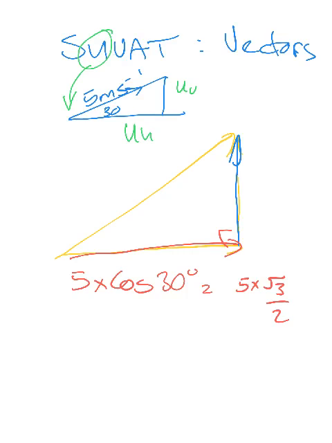So the other one, the vertical one, is going to be the sine of 30 degrees times 5. Let's write that in. 5, which equals 0.5 times 5, which is 2.5 meters per second.